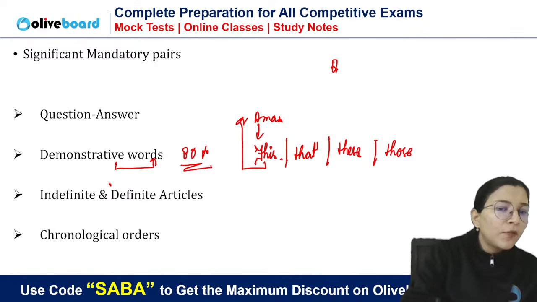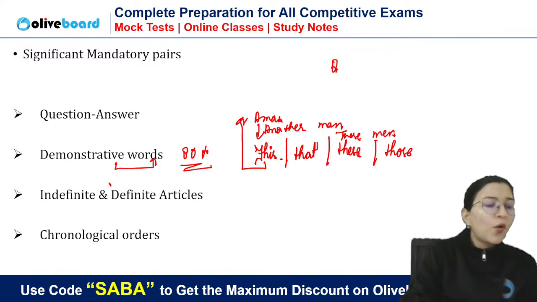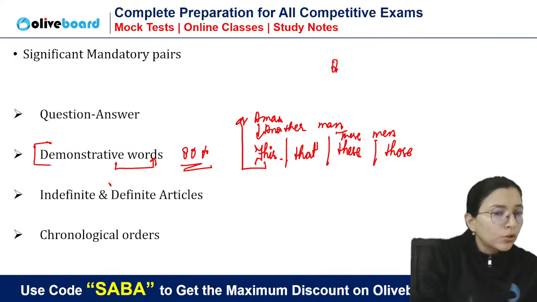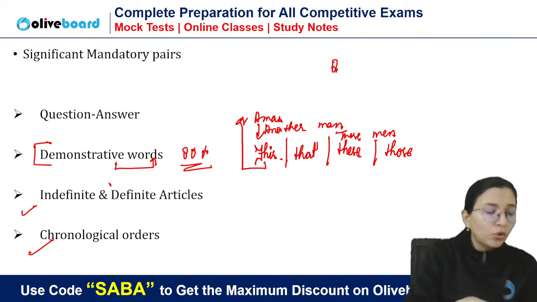So a man, this man will form a pair. A man, another man. After that, what will come? You will say these men, right? So this will form a pair, and it's very important. In most of the parajumbles you will get this also. This we have already discussed. Now through practice, we will see all these things.